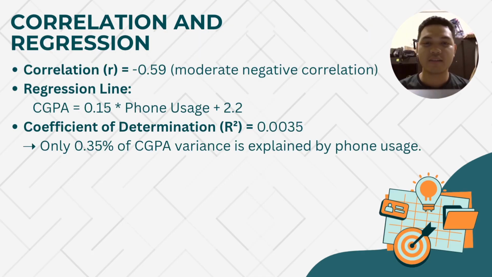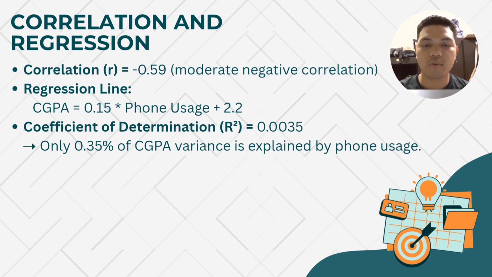This slide shows the correlation and regression results. We found a correlation of negative 0.59, which means there is a moderate negative relationship between phone usage and CGPA. The regression line is CGPA equals 0.15 multiplied by phone usage plus 2.2, which we use to predict CGPA.